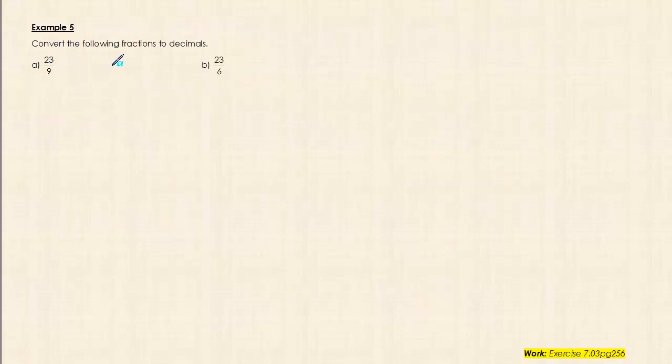We want to convert the following fractions to decimals, and for these ones I'm just going to divide. So I'm going to put 23 and give myself some extra decimal places here.